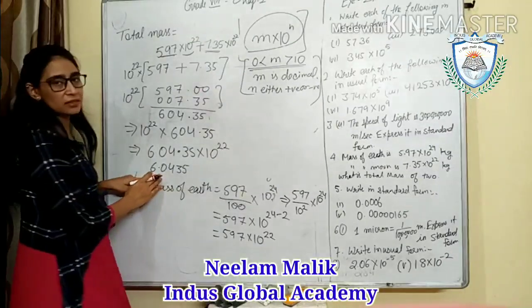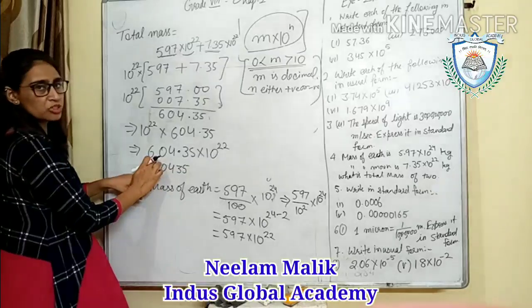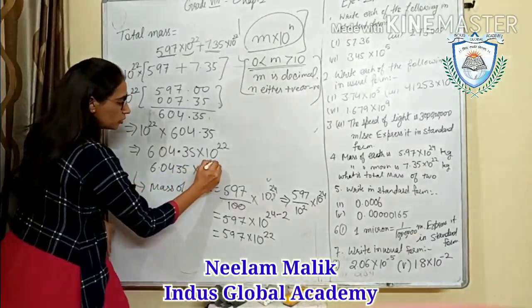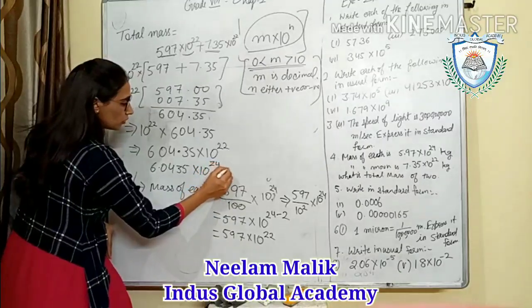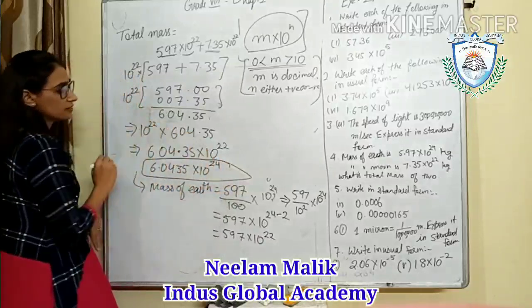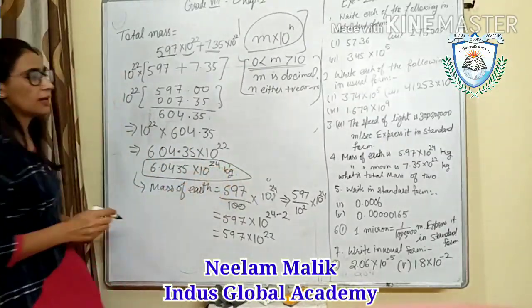I am writing my answer in standard form. I bring this decimal 2 jumps to the left, so the power of 10 will be increased by 2. So it will be 24, in kg. This will be our answer.